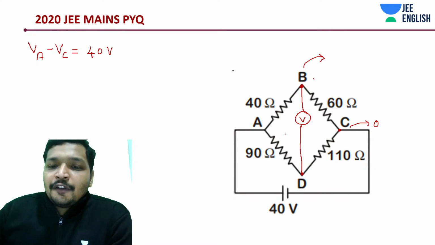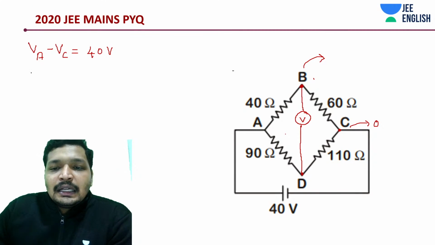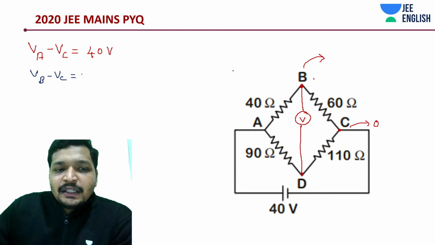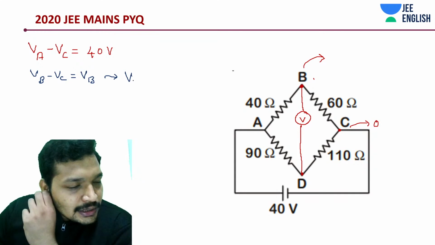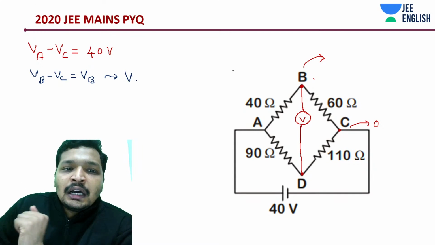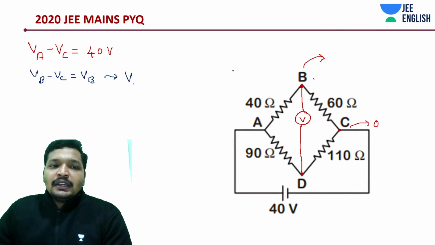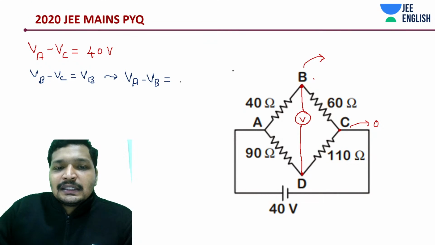The next equation is VB minus VC, which is nothing but VB, right? We need to find out VA minus VB, so that we can get the value of V. Some value is going to be there.